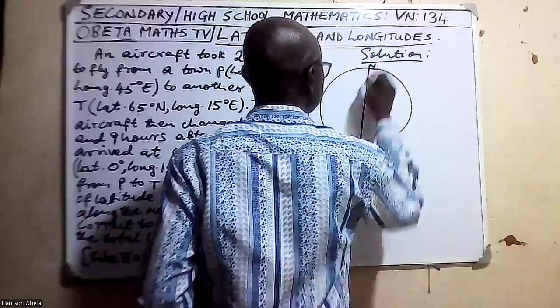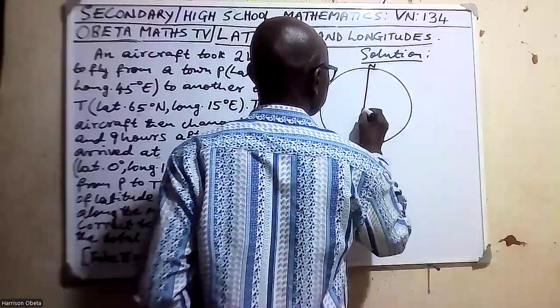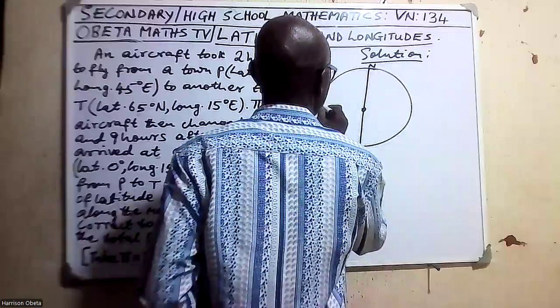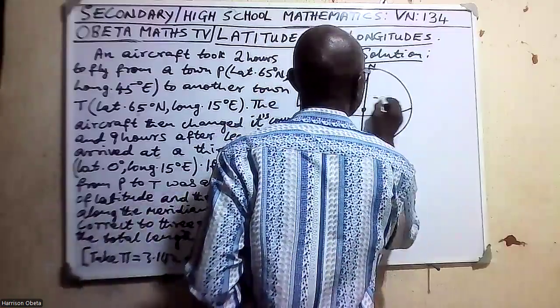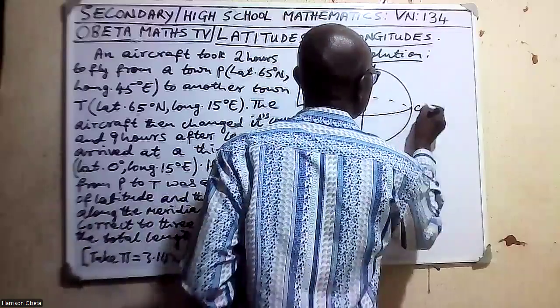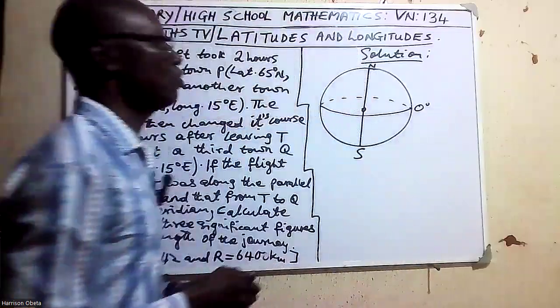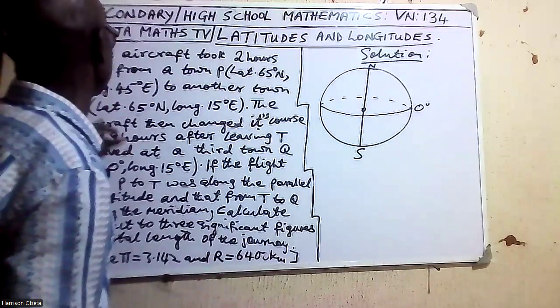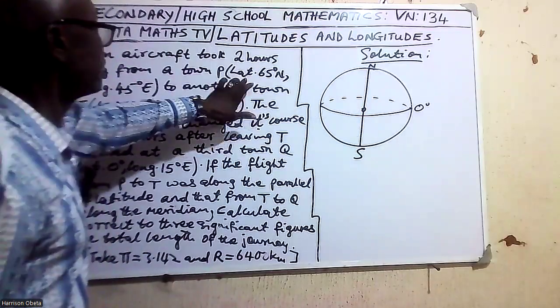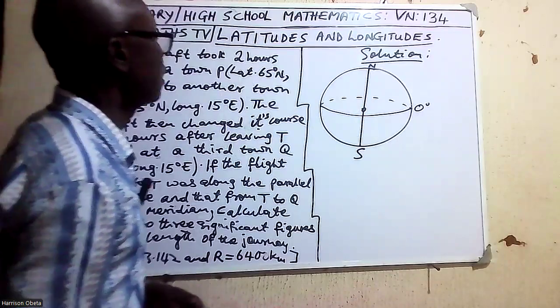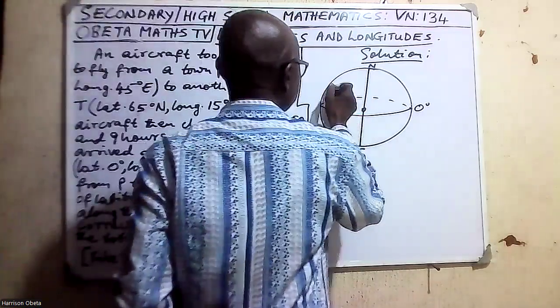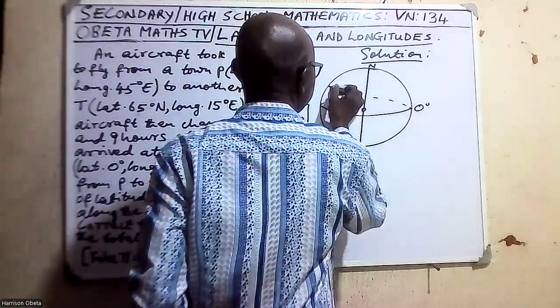This is our north and south poles, and this is the equator, and that is latitude 0 degrees. So we now go back and check. The first one is latitude 65 degrees north, 45 degrees east. So let's take this to represent that.